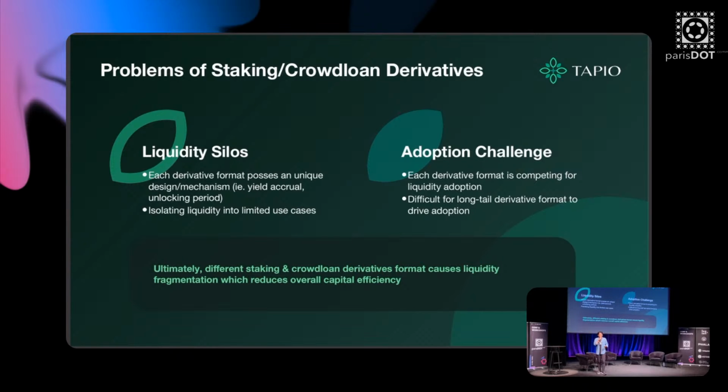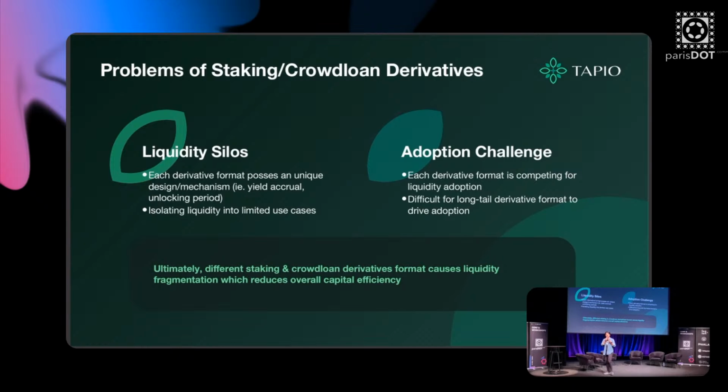So what does that mean? If you have a category leader in terms of staking DOT, then from a builder standpoint, I'm not sure how many builders are here, but you will come to the evaluation phase where you ask, which liquid staking DOT do you want to adopt?